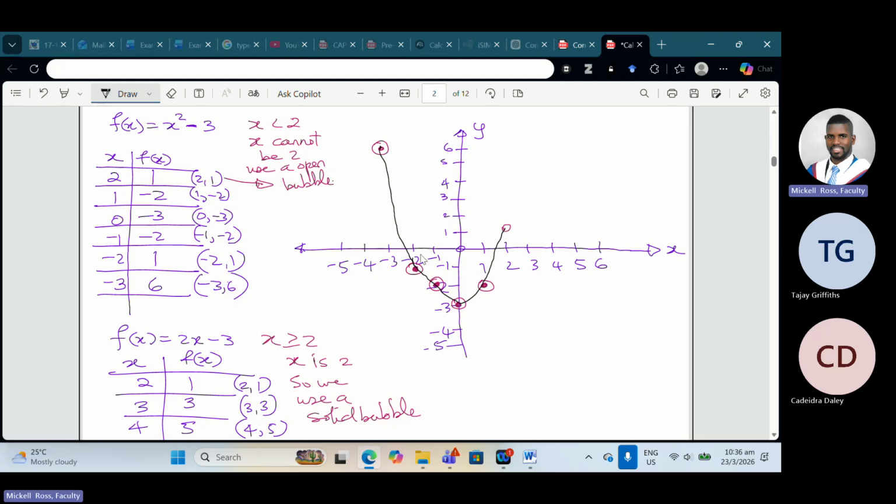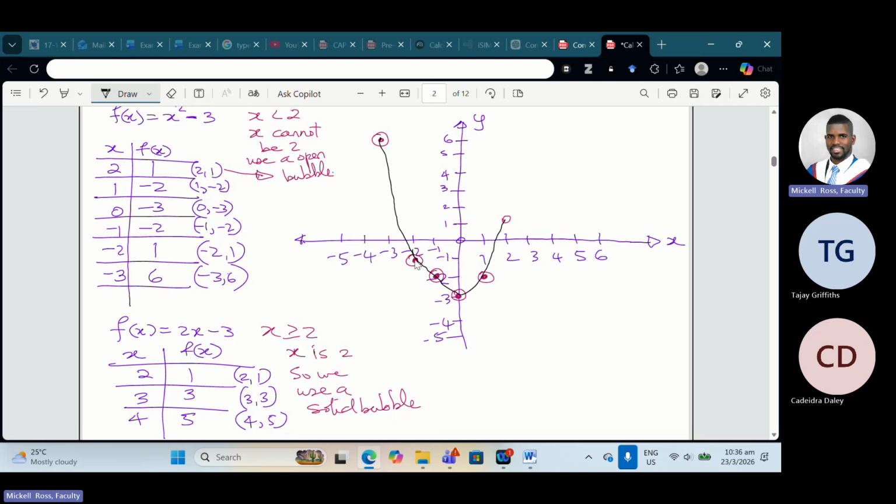But here now is where the continuity comes in. Notice this is an open bubble, which means that this point is not part of the solution. But where this function left off, this one picks it up, because now in this one, x is 2.